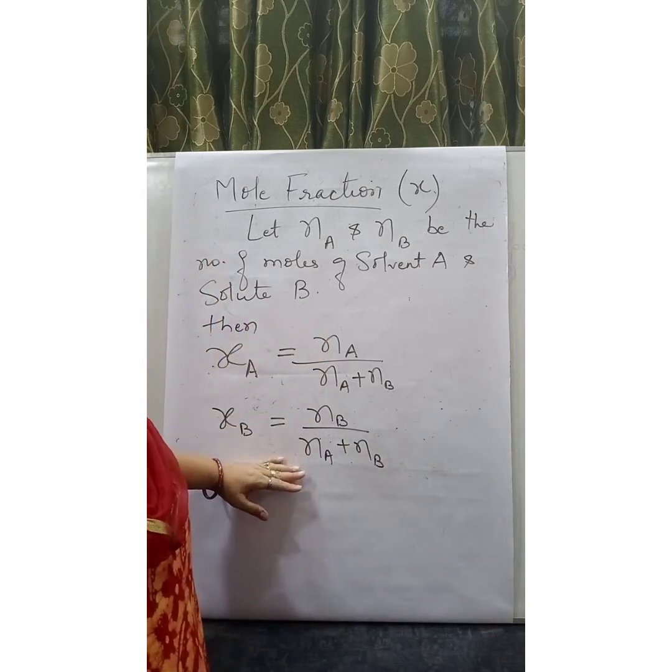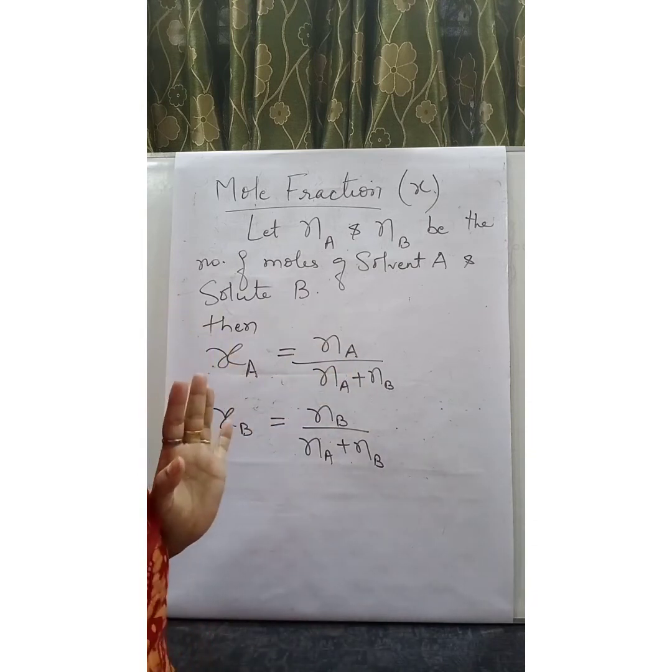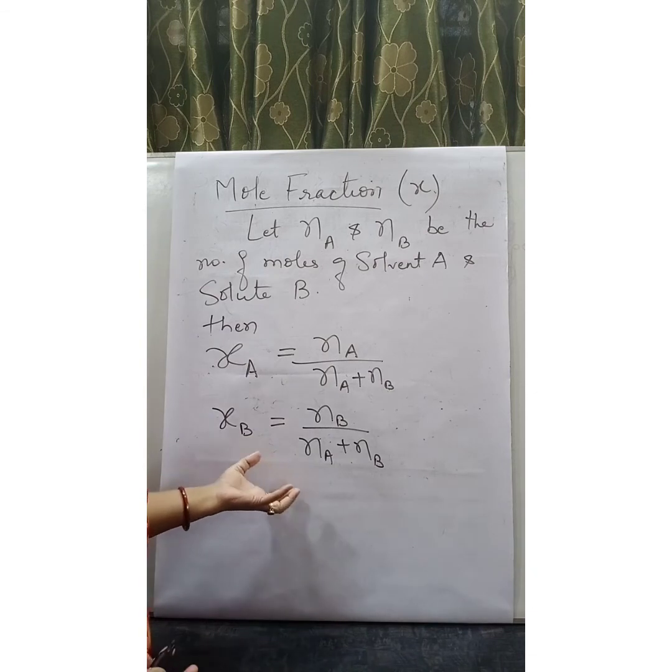You can make use of numbers 1 and 2 also in place of alphabets A and B. It is said that the sum of mole fractions of all the components present in the solution is always unity.